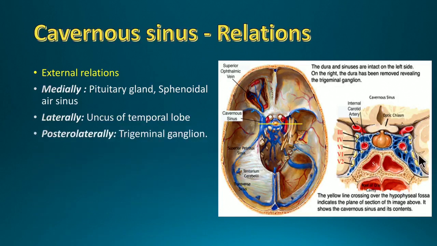Then posteriorly and laterally you have the trigeminal ganglion, which gives rise to three branches: the ophthalmic, maxillary and mandibular. So the trigeminal ganglion is related posterolaterally.